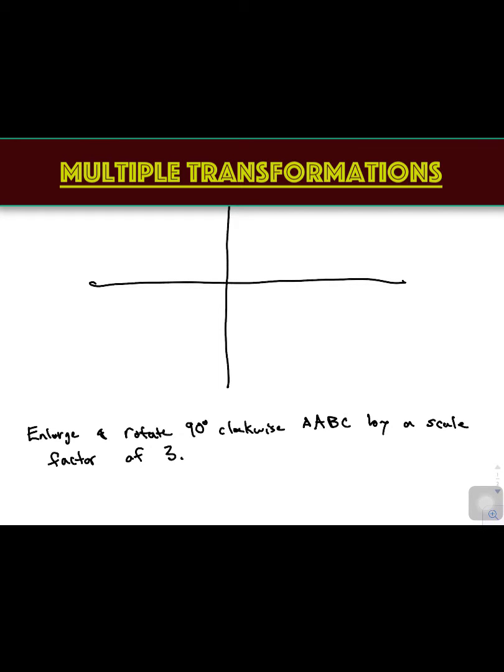A lot of times the question will either give you the points for triangle ABC or actually give you triangle ABC. So in this case, I'm going to give you triangle ABC. Point A is at -2, 2. Point B is at -4, 2.